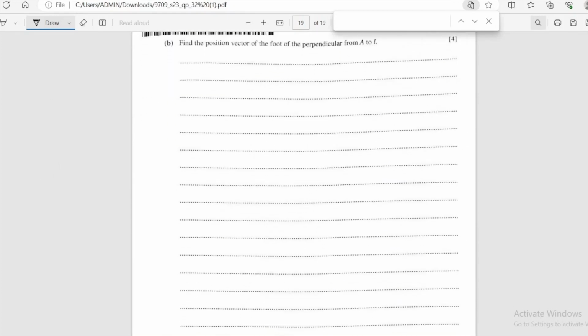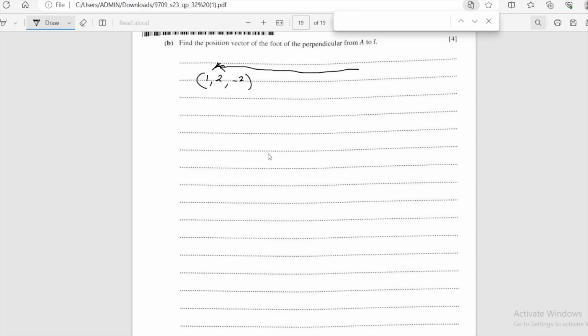We have to find the position of the foot of the perpendicular from A to L. Remember that A is part of a straight line, and the coordinate of A is 1, 2, and minus 2.